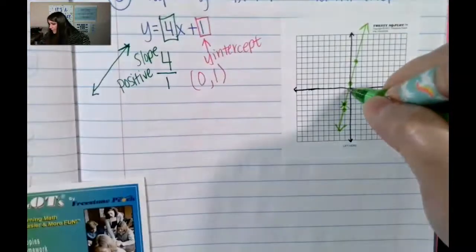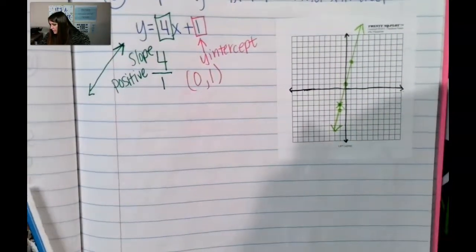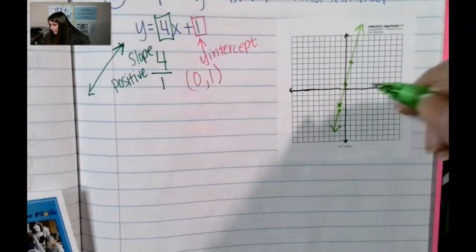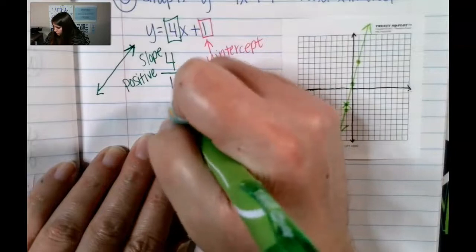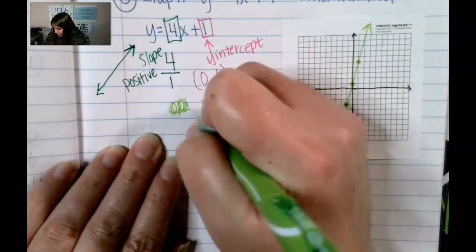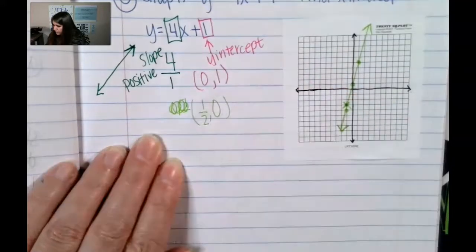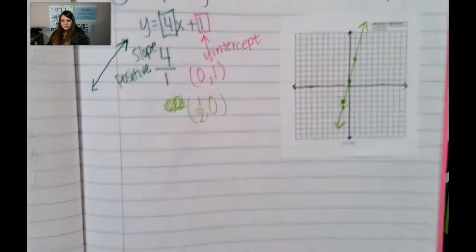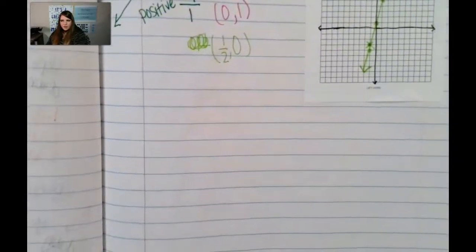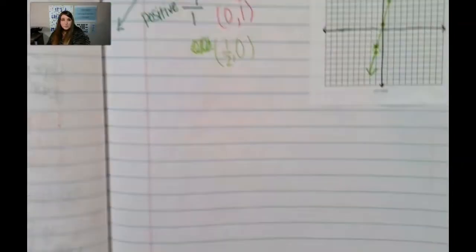So this is like at a half. So it crosses the x-axis at 1/2, 0. That is my x-intercept. Hopefully the ones that you get will be easier for you to identify. I'm sorry that that one was a crazy one.